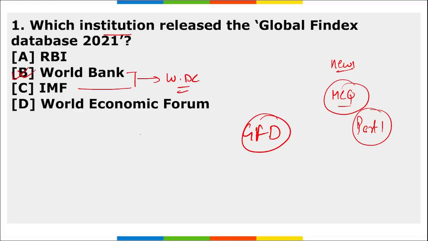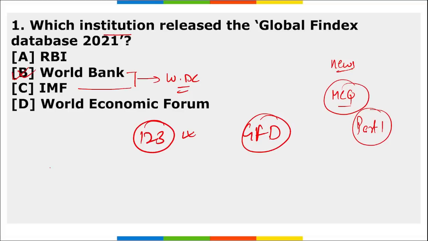Highly important. This covers financial inclusion, digital payments and resilience in the age of COVID-19. It surveyed how people in 123 economies use financial services throughout the year 2021.